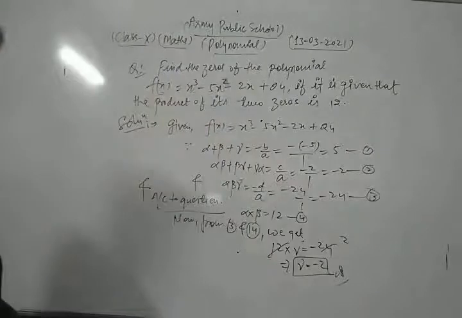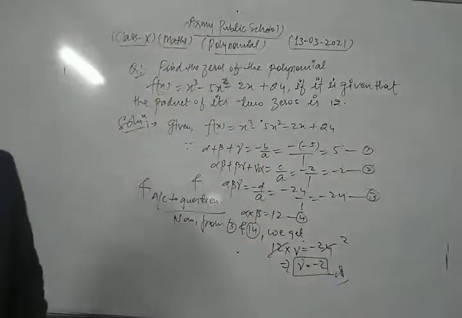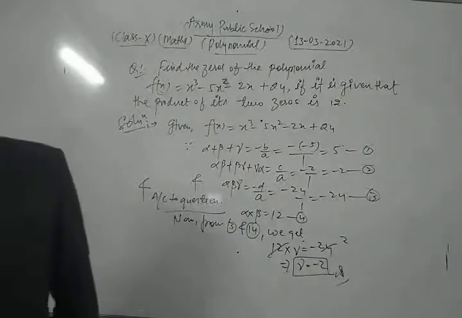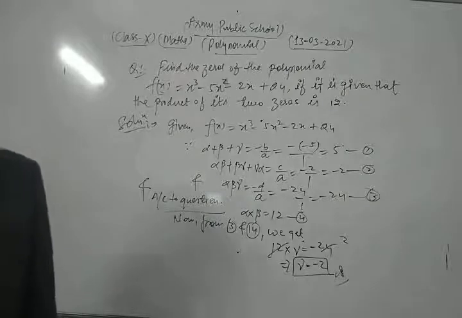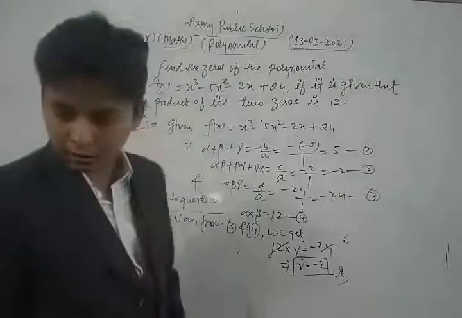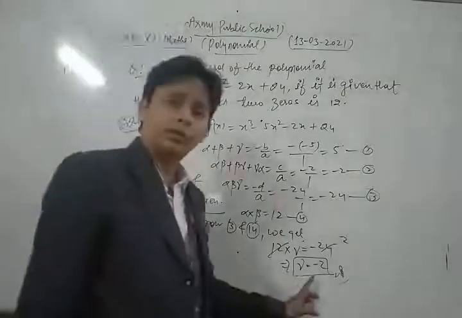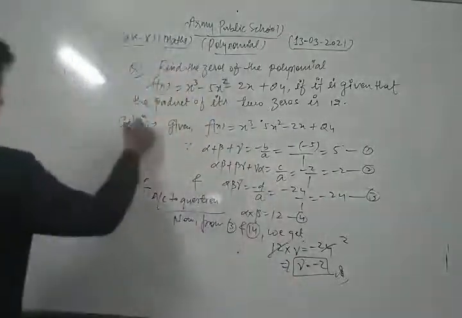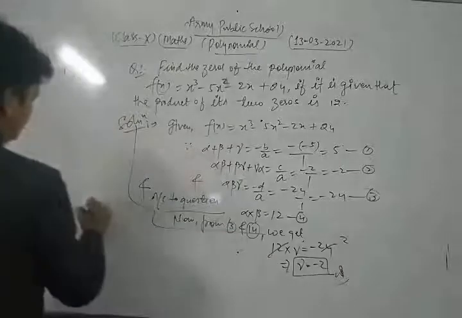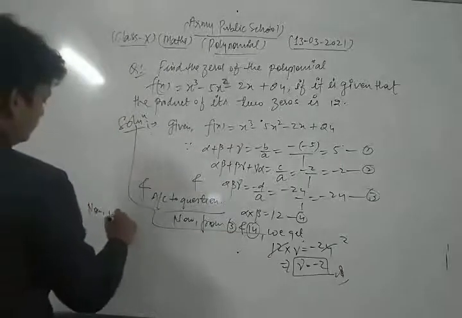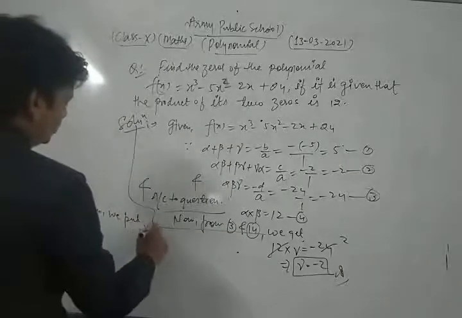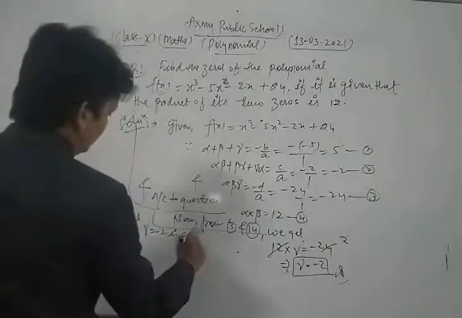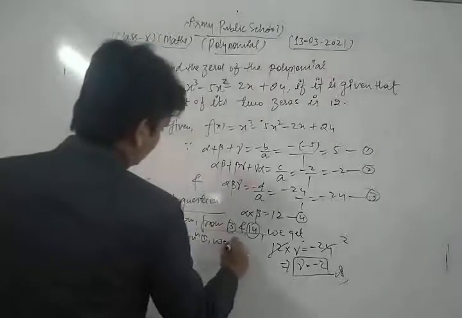So in this way, dear students, we find the value of gamma, that is, its third zero. The value of its third zero is minus 2. This is the required value. Okay, now we put gamma is equal to minus 2 in equation 1.